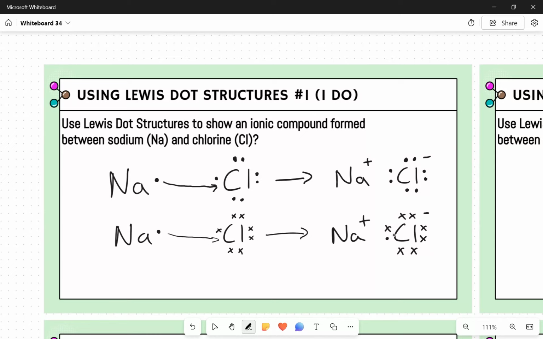So we can clearly see chlorine originally had 7 valence electrons, and then it gains 1 more from sodium to become 8. Both of these are correct. You could see it either way. I prefer this second method, but if you want to do the first method, that is totally fine too. And many people will consider that to be the mainstream way of doing it. Okay? So let's look at the next one.